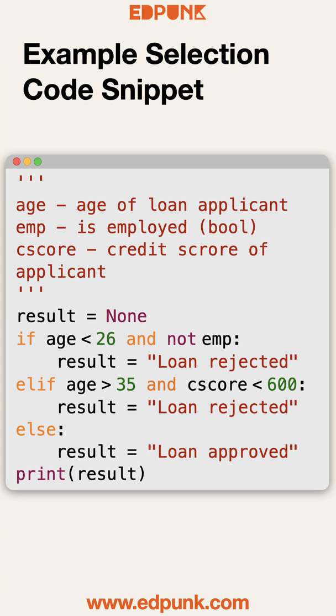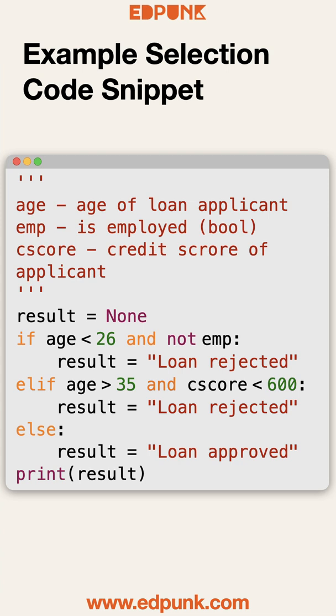Now we check for the condition if age is less than 26 and the applicant is not employed. If the expression is evaluated as true, then the string "loan rejected" is assigned to the variable result. If the above condition is not satisfied, then the elif clause can be used to test for another expression.